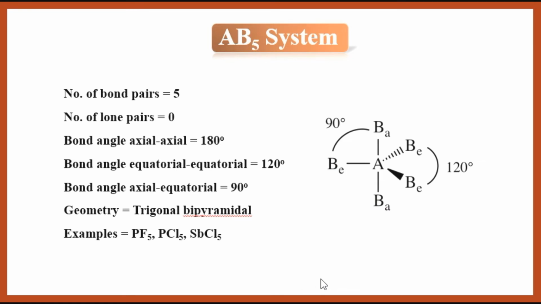Our next system is the AB5 system. In this AB5 system, a central atom is surrounded by 5 bonding electron pairs, and the molecular geometry comes out to be trigonal bipyramidal.